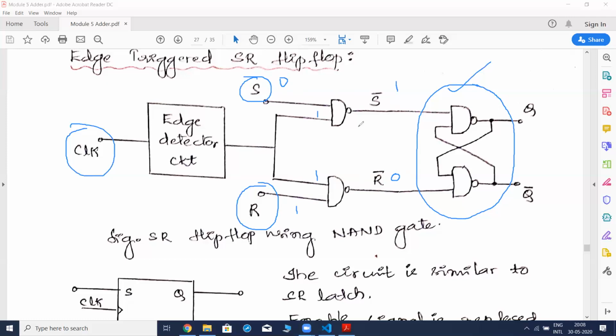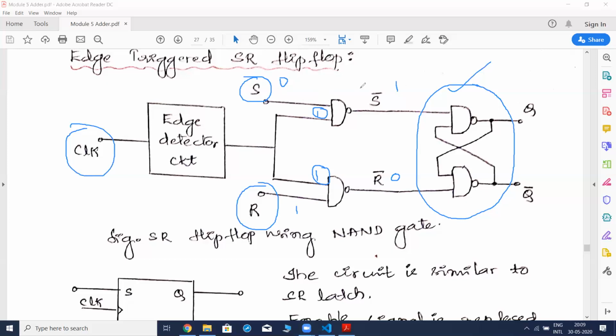Obviously, our flip-flop is active only when the clock signal is given, so compulsorily 1 has to be given over here. Thereby, if we give S as 0, then according to the NAND gate truth table, and I think you are all familiar with it, if any one of the inputs is 0, the output is 1.